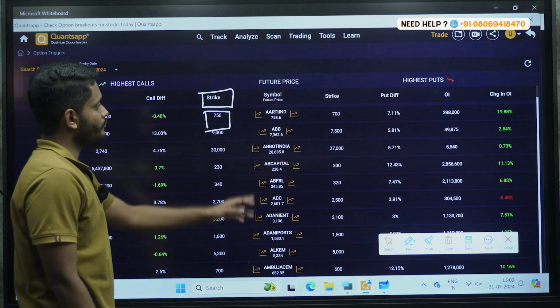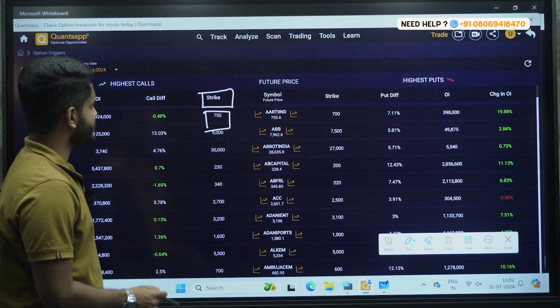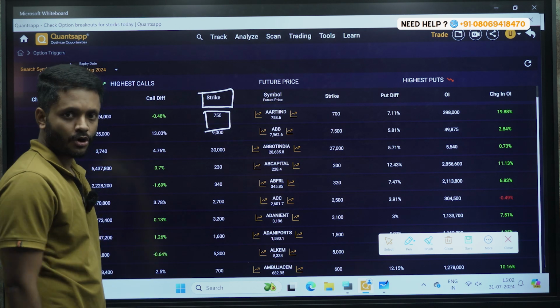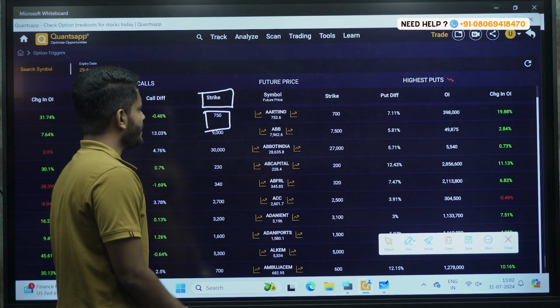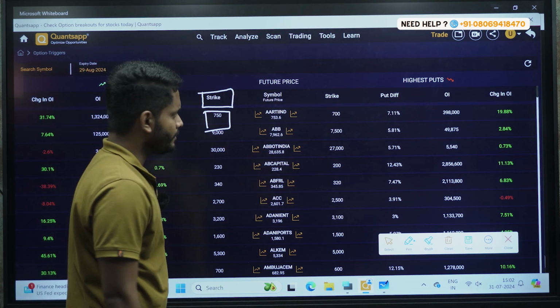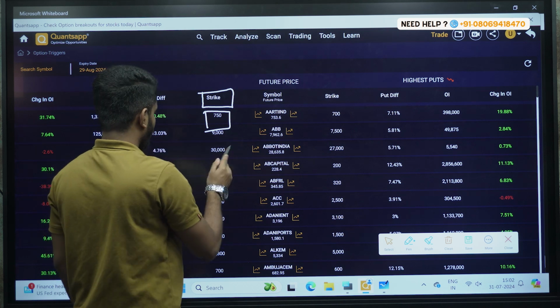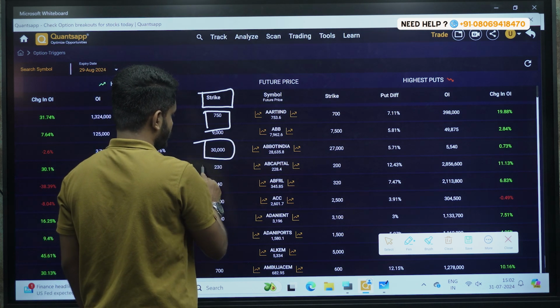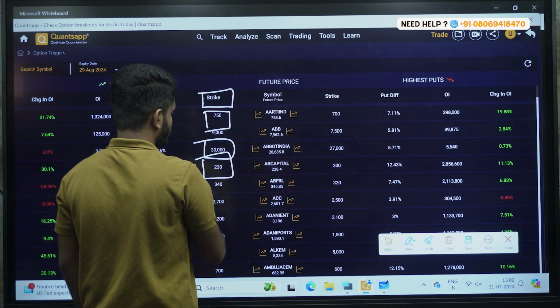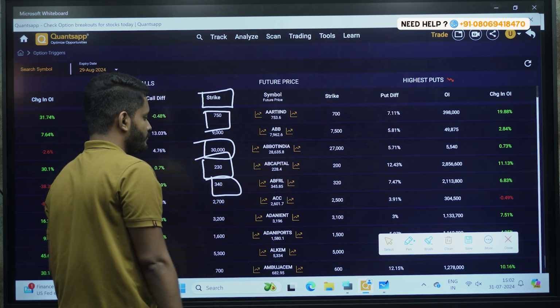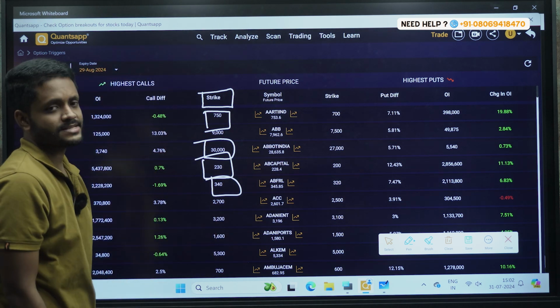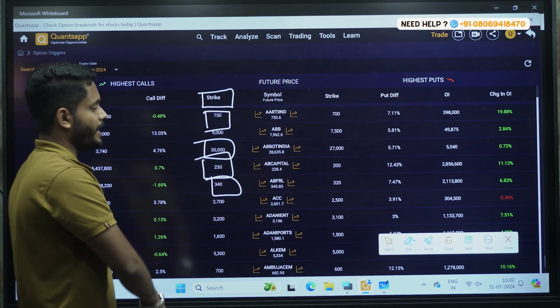So for Aarti Industries, I can say that 750 level is a strong resistance, or that at 750 the call writers are heavily active. And for ABB India, you can see 30,000. For AB Capital, you can see 230, ABFRL, you can see 340. So the automatic resistance levels are given on the left hand side.